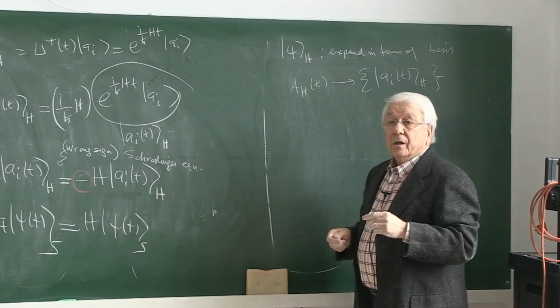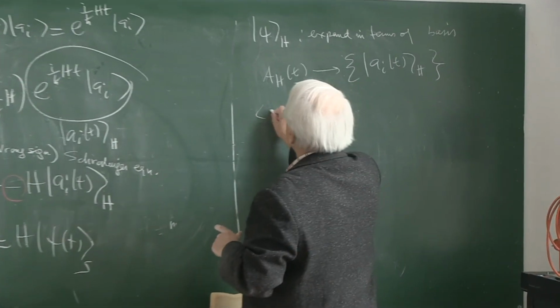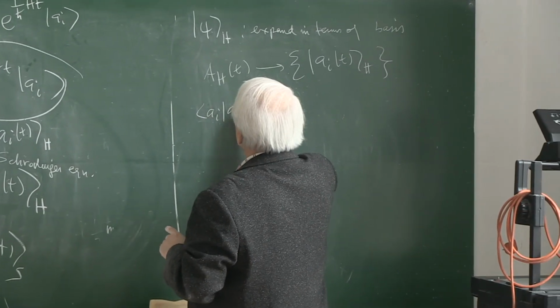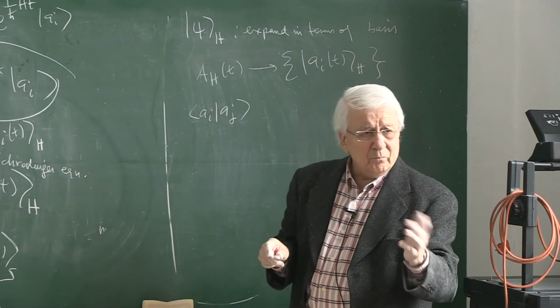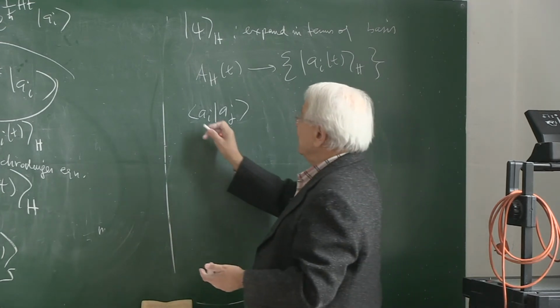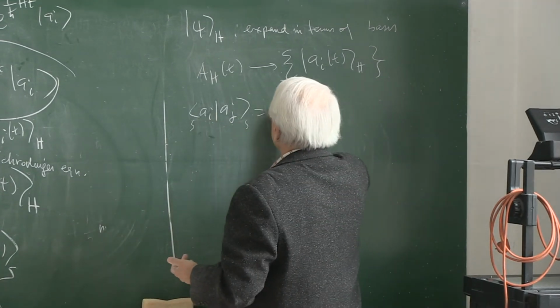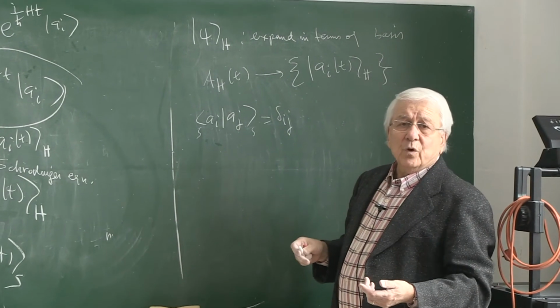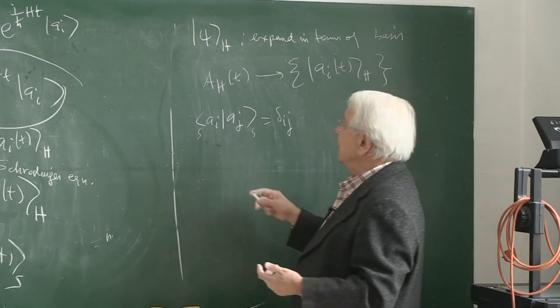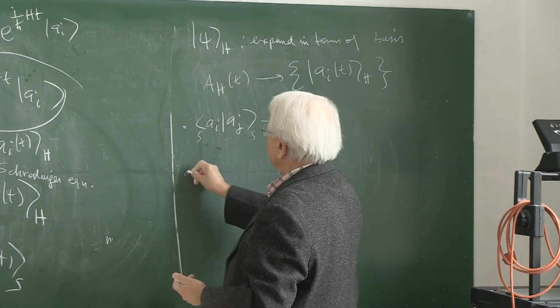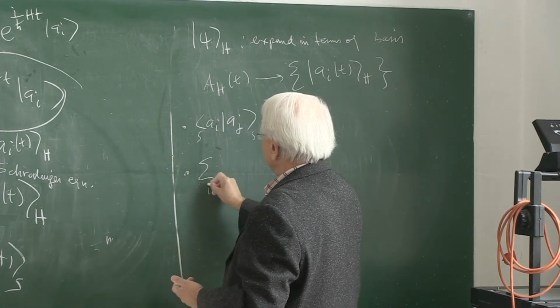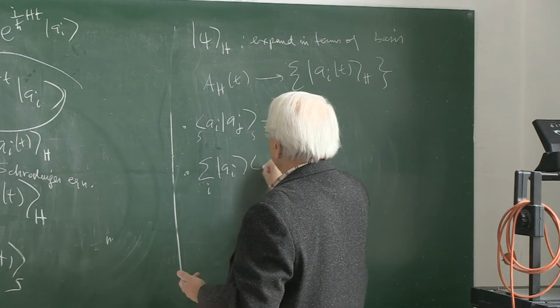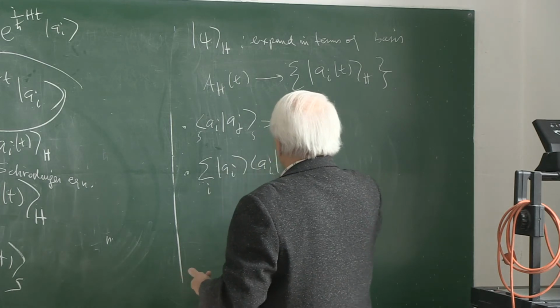Let me check. What is the orthonormality? AI, AJ, let me use discrete spectrum, doesn't matter. In the Schrödinger picture it is delta ij, right? This is the orthonormality, and this is the completeness, sum over AI AI is 1.